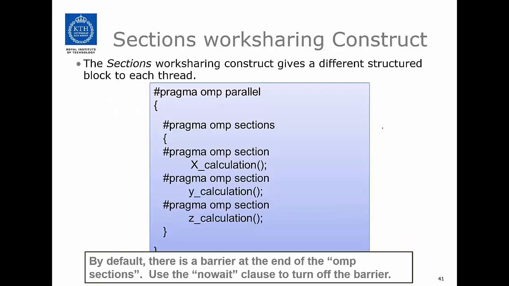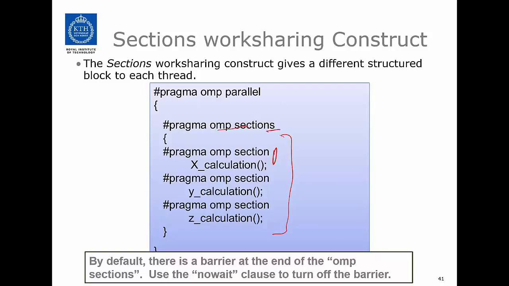Connected to the single construct, or implemented similarly, is the sections work sharing construct. So the single is actually the sections construct with only one section. In the sections construct, you specify pragma OMP sections, which gives you a structured block with sections, and then you identify each section with pragma OMP section.